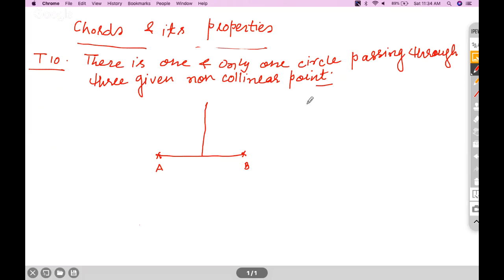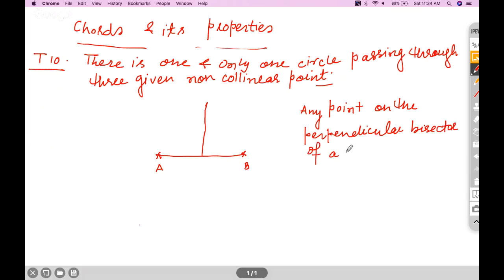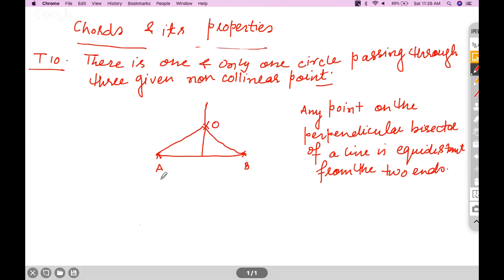Now any point on the perpendicular bisector of a line is equidistant from the two ends. So you take any point O, this OA will be equal to OB.